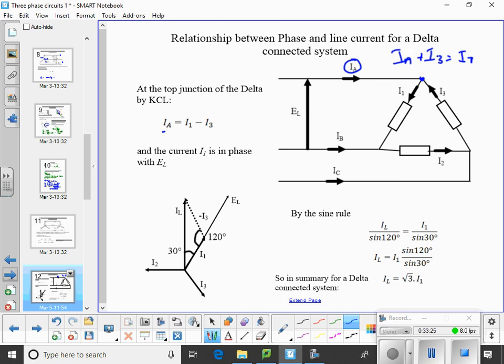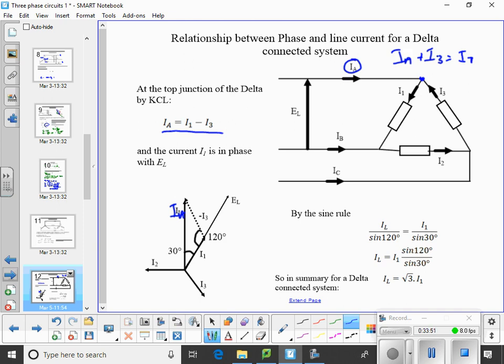So, again, if we draw a phasor diagram where I used IA there, didn't I? It's the line current, yeah, and then we're drawing the phase current, and I3, I1 that way, minus I3 up that way.